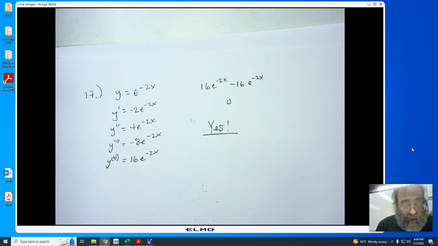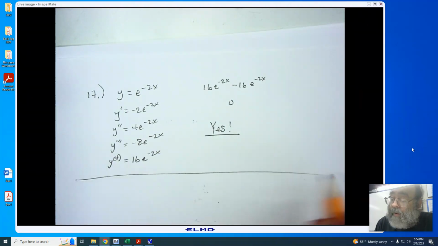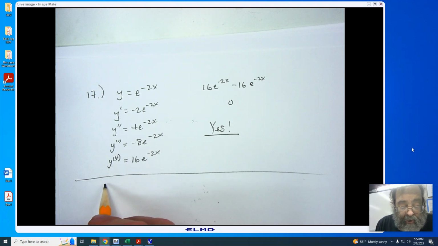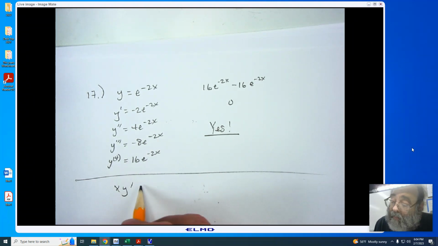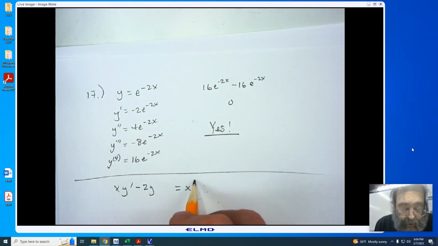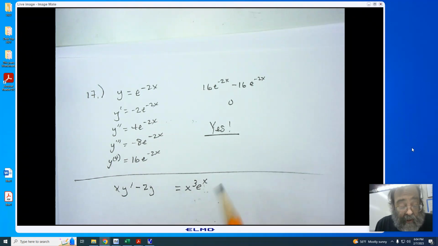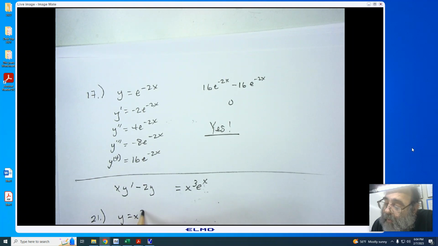Let's move on to number 21, please. Number 21, they are trying to show, and we want to make sure that x y prime minus 2y will actually equal x cubed e to the x. And it's a yes or a no. So in number 21, we are given y equals x squared.